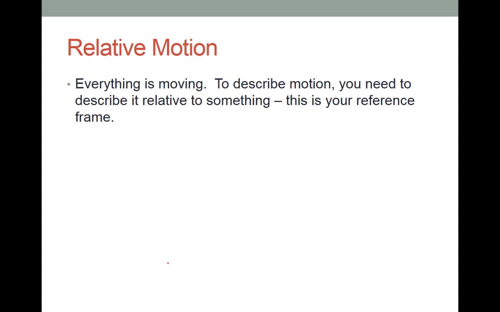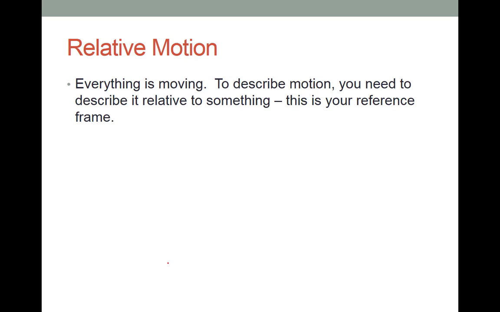And I would argue, okay, your reference frame is your couch in your house. My reference frame is the sun, and we are on a planet that is spinning on its axis and orbiting the sun. Therefore, we are moving. And it's all about how we choose to describe our motion, how we choose to think about it.